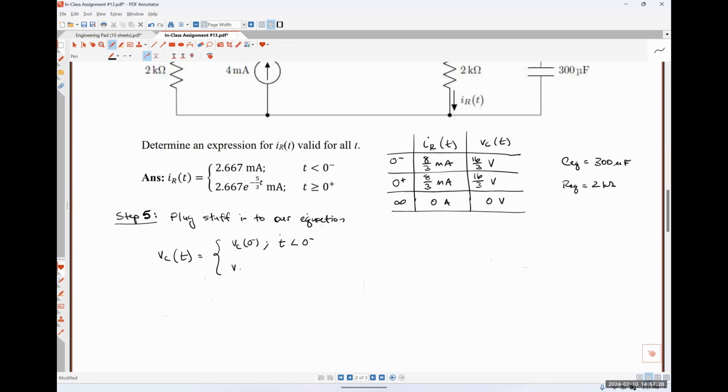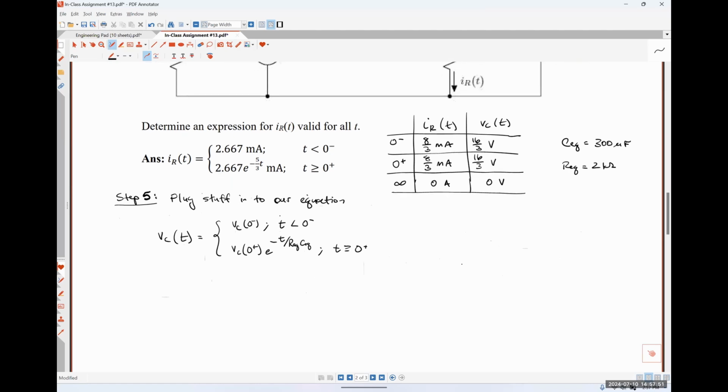And then when we derived things, we got Vc at 0 plus e to the negative t divided by Req Ceq, where I'm going to put Req and Ceq here explicitly, for t greater than or equal to 0 plus. Okay. So this is the equation that we are going to plug things into.